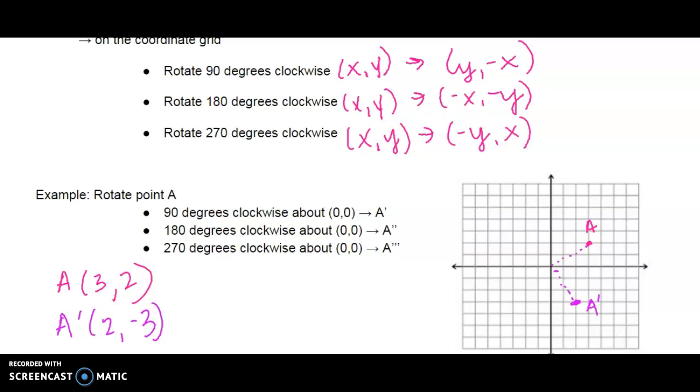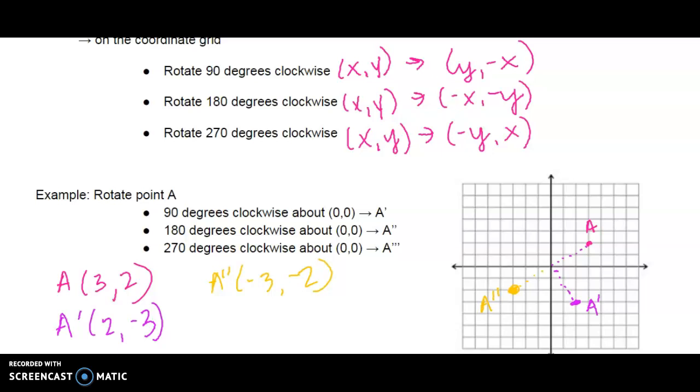So I want this line from A to A double prime to be a perfectly straight line, or a half turn. So A double prime will be right here at (-3, -2). When I look at my rule for a 180-degree rotation, I see that both signs just switched. If I started with (3, 2), and now I have (-3, -2), my rule holds up.